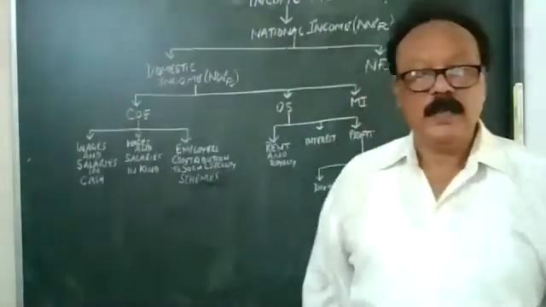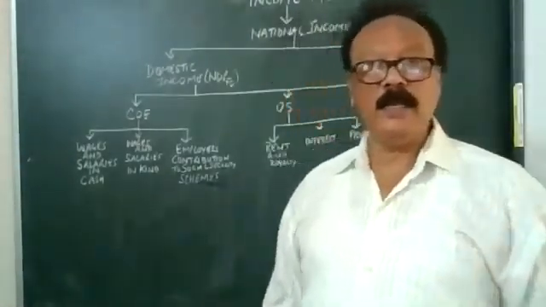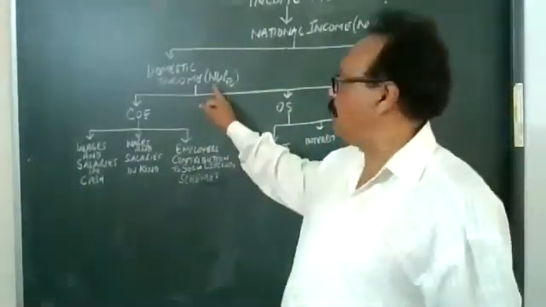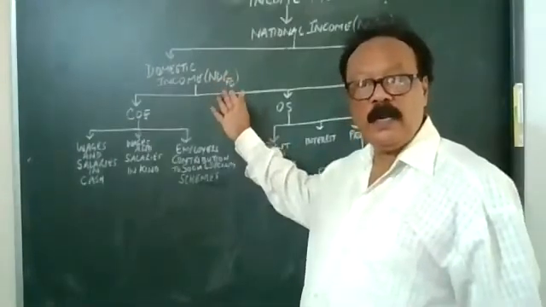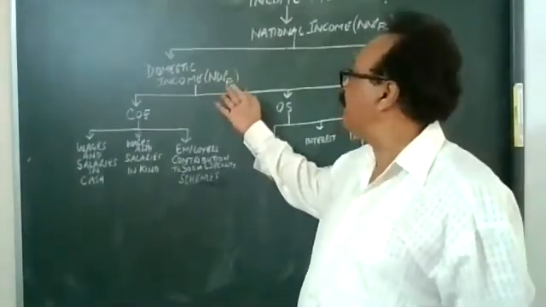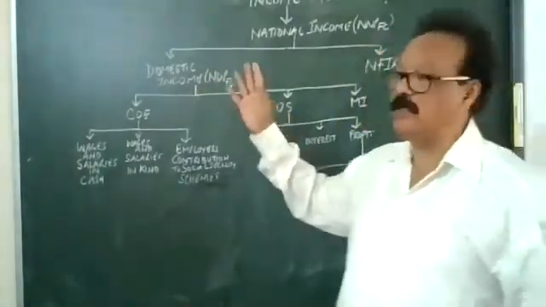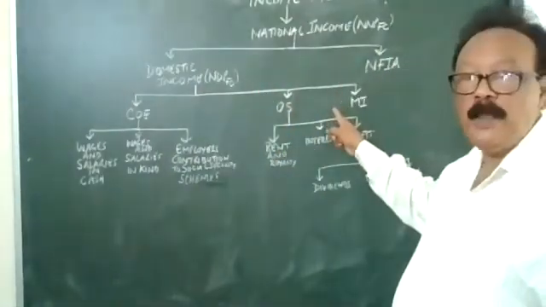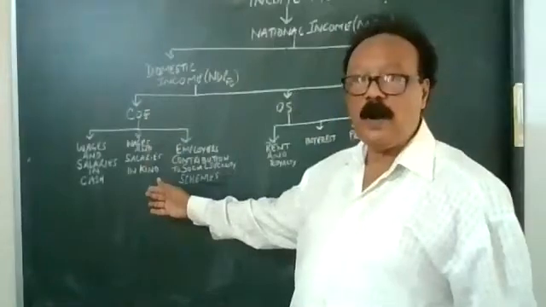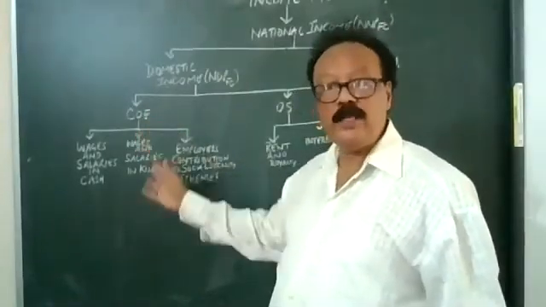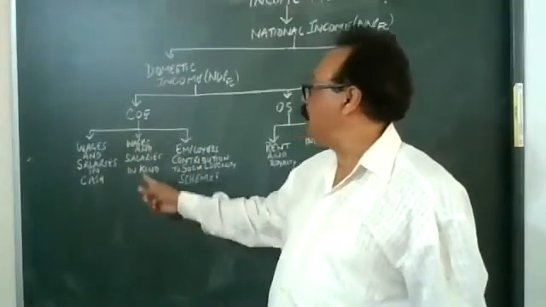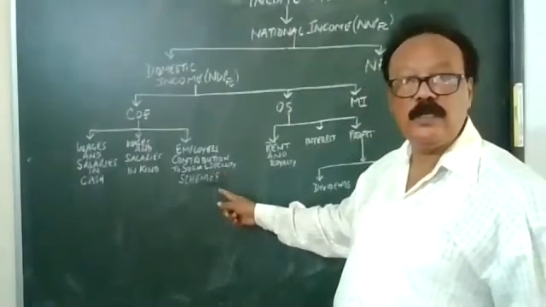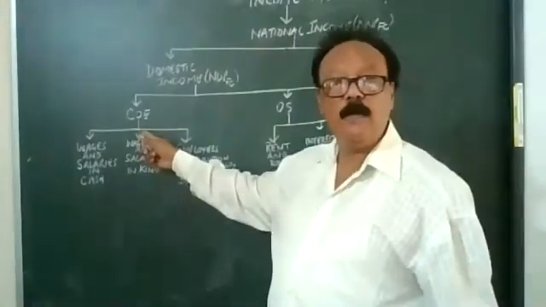It's very simple. Calculation of the national income by the income method is, first of all, we calculate the domestic income. Domestic income is NDP at factor cost. NDP at factor cost is equal to COE plus OS plus MI. In COE, wages and salaries in cash, wages and salaries in kind, and the employer's contribution to social security schemes come under compensation of employees.